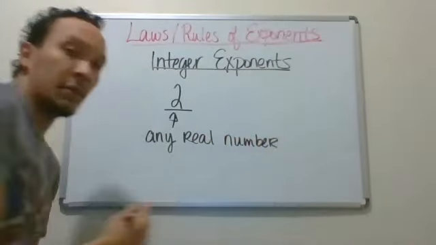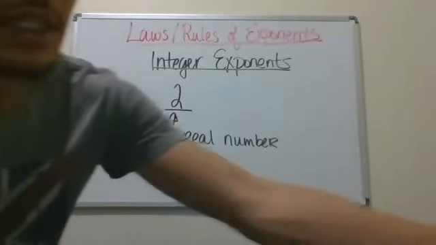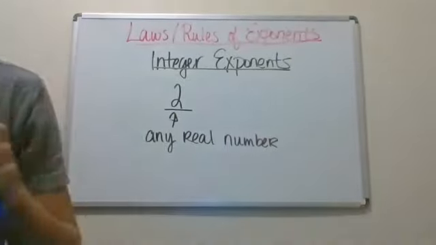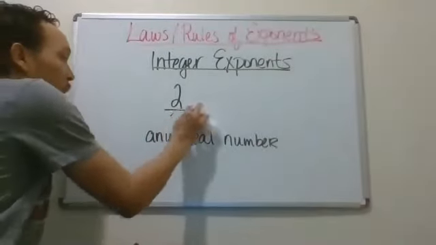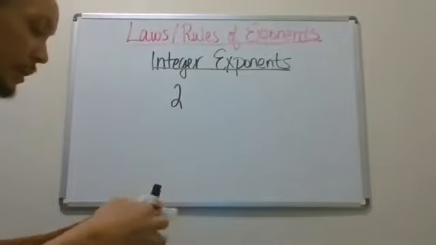This is any real number, so it doesn't have to be just 2. Let's utilize a different color for my side notes so that people don't get confused. So we have any real number.